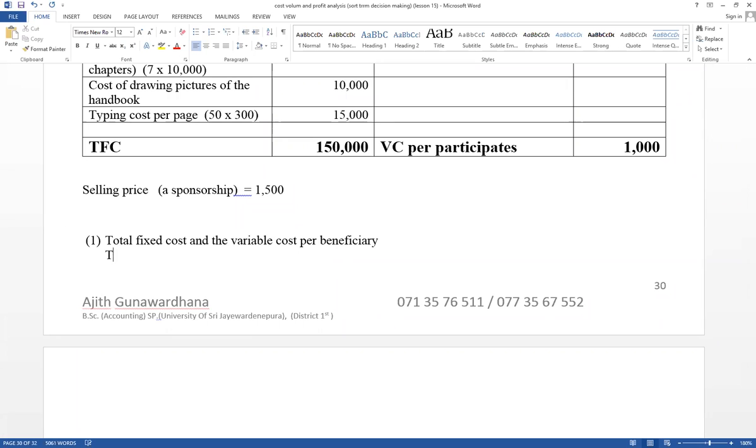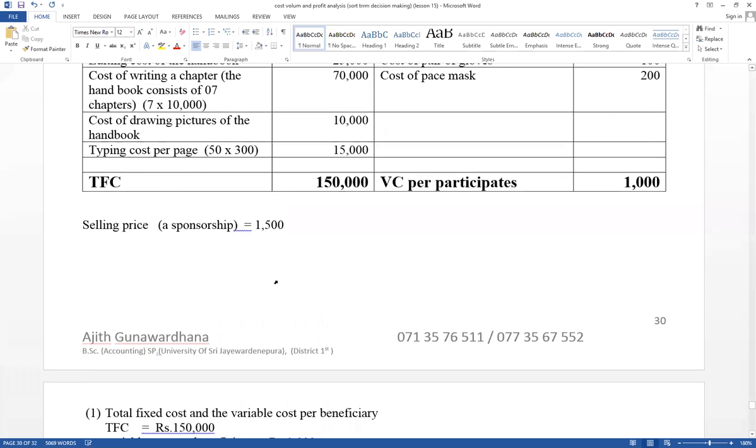Total fixed cost equal 150,000. And there's variable cost per beneficiary, meaning variable cost per unit. Therefore, variable cost per unit equal rupees 1000. Calculated. Therefore, this is the requirement 1.